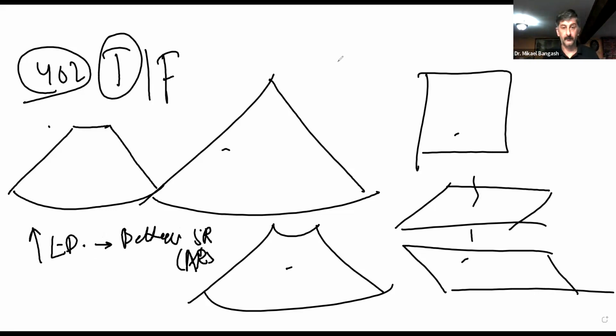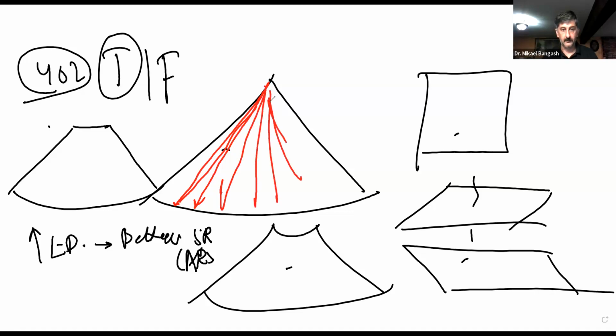Mainly because a pulse goes like this and comes back, goes like this and comes back, goes like this and comes back. If we have a greater density of pulses compared to the same sector shape image, or any shaped image, with a lesser number of pulses.